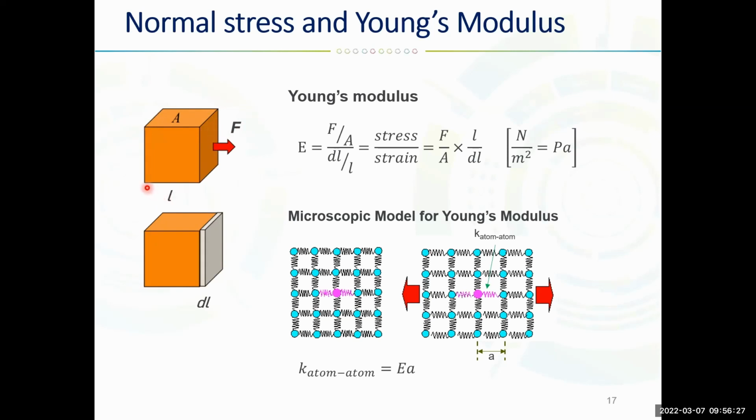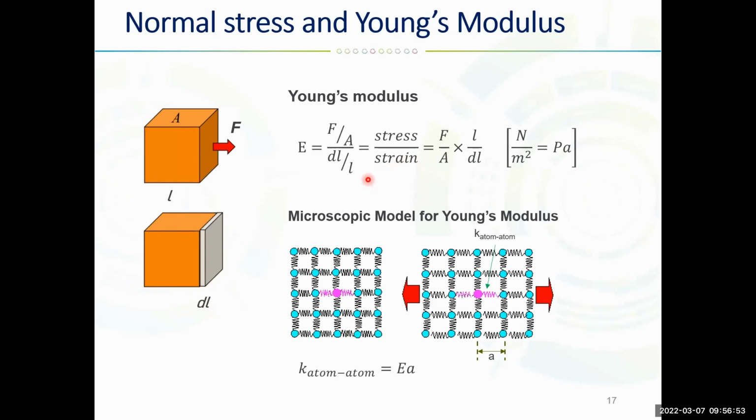The dimensions of the cube are L by L by L, and the question is the elongation of the cube in the direction of the applied force. This elongation, or deformation, will be referred to as dL, and we can calculate the ratio of the stress to the strain.